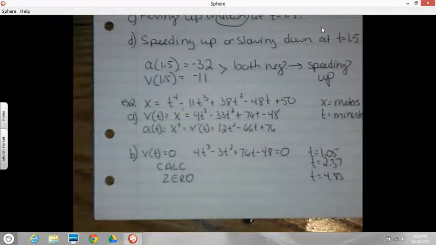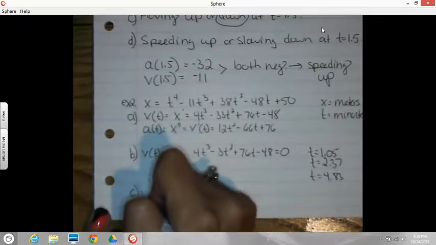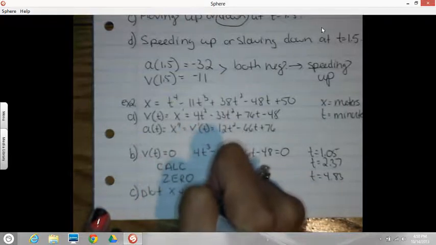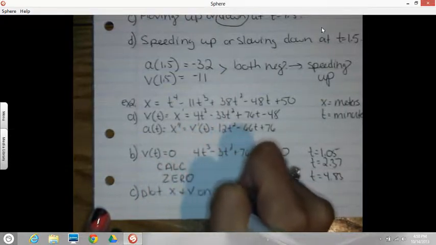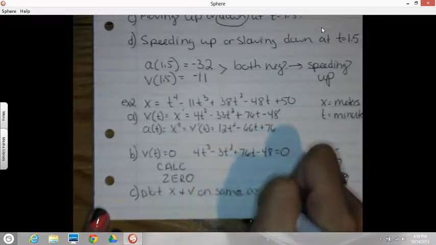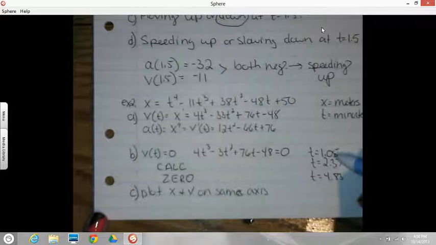Okay, it says plot both X and V on the same axis. And it says, tell what is true about displacement whenever velocity equals 0. So we've got the 3 spots where velocity equals 0. I want to know what's happening on the original distance graph.